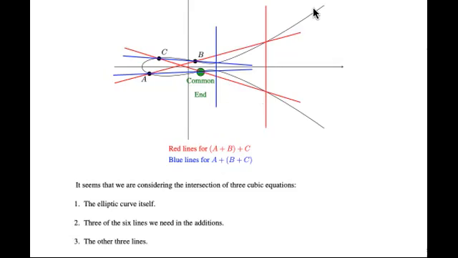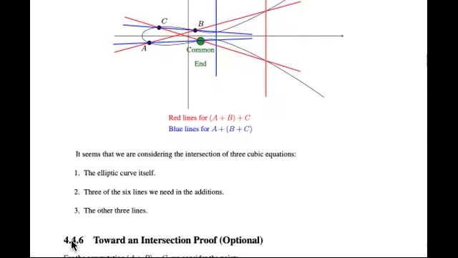And then we'll have the elliptic curve itself, we'll call it a cubic. So we'll have 3 cubics to work with. And we'll be looking at the intersections between 3 cubic equations, and making the characterization of, well, they must have a common endpoint. And that's going to be investigated in the next subsection.